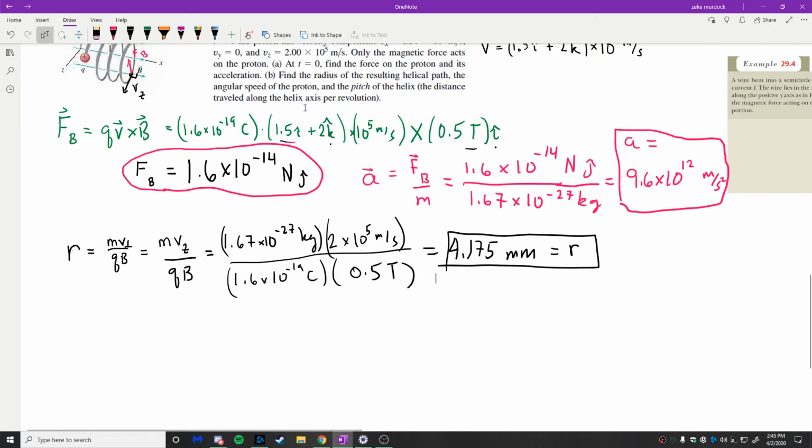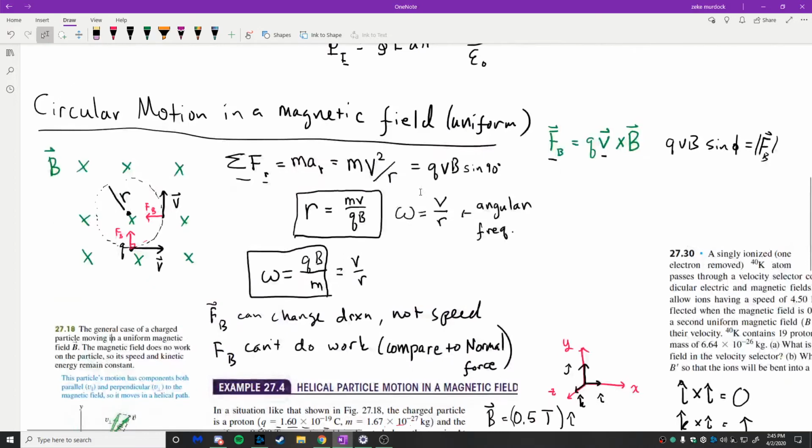We also want to find the angular speed of the proton. That's basically this velocity divided by, well, we can also just get it from here, right? QB over m.